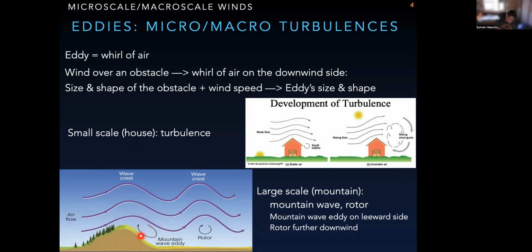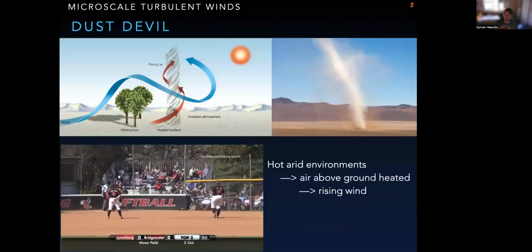And as a consequence of that eddy, we create some oscillation with some potential rotor system that will follow and create this disturbance. So this is something that is observed at small scale and also at large scale, creating the motion of this air. Why am I speaking to you about that? Because here in California, we are used to seeing what we call the dust devil, and this is, in fact, a consequence of these eddies.